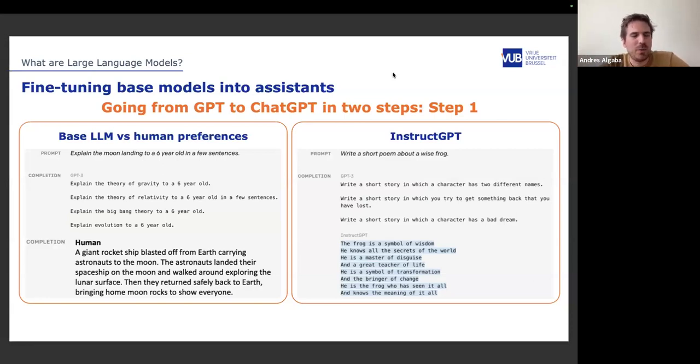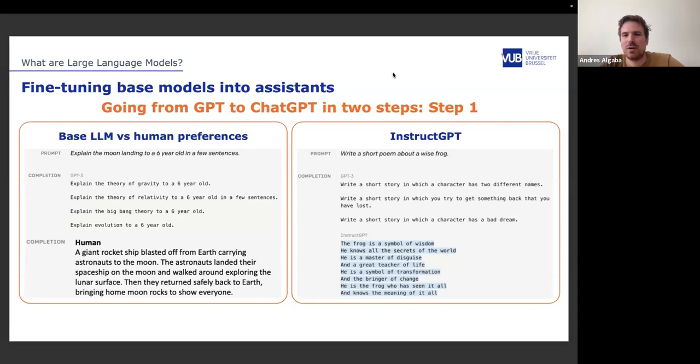And so what we will now do is continue training the model, but on this very curated data set of human replies to prompts. We'll force the model not to predict the next token on the internet, as it did in the pre-training phase, but to fine-tune it to respond to our request as an assistant should.